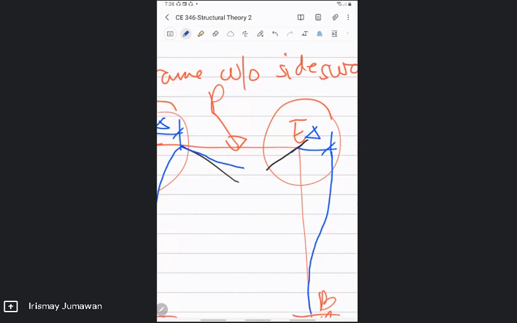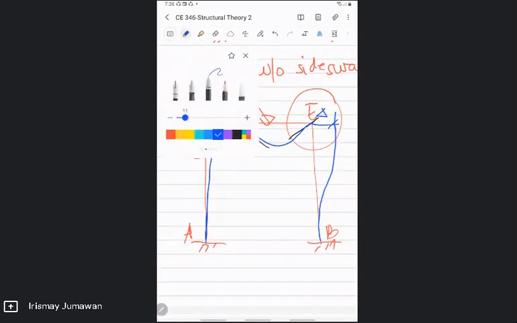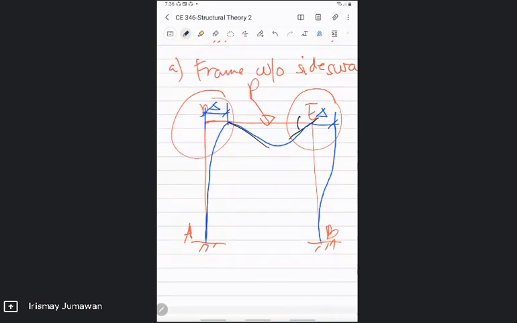Anyway, it is not to scale. So this is your theta D, and this is your theta E.